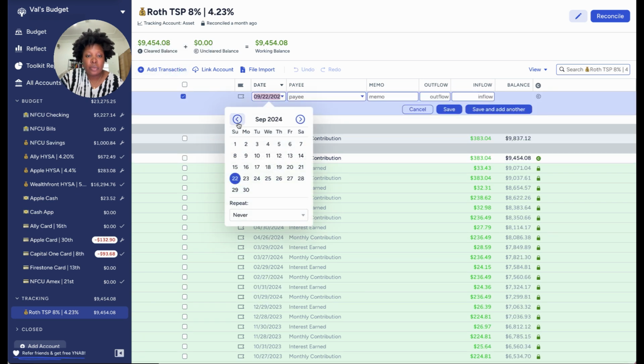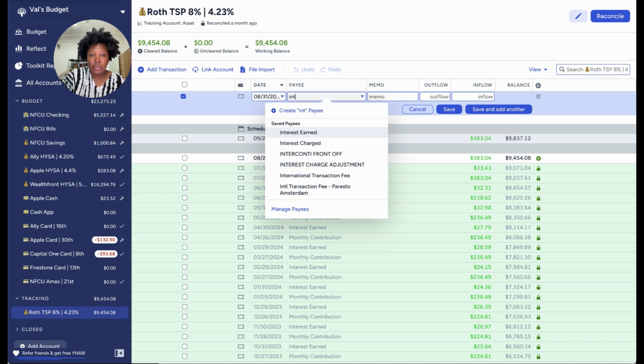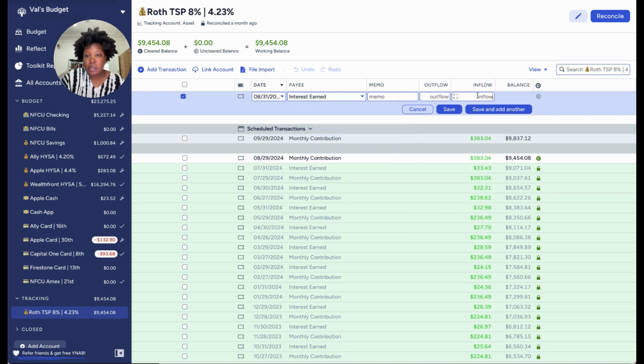So let's go for August 31st. Interest earned, and that was an inflow of $53.19.